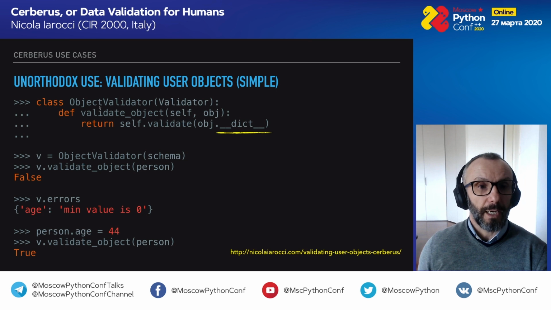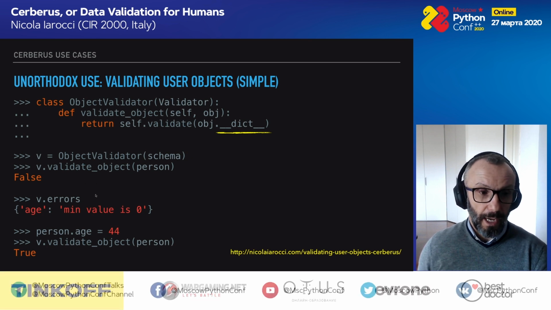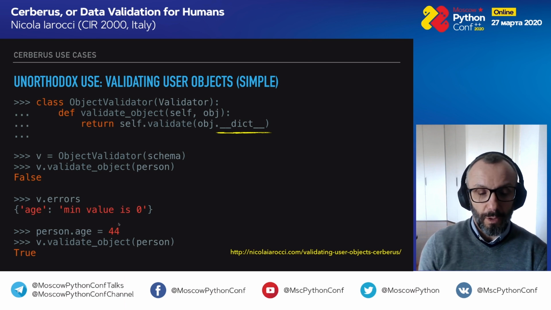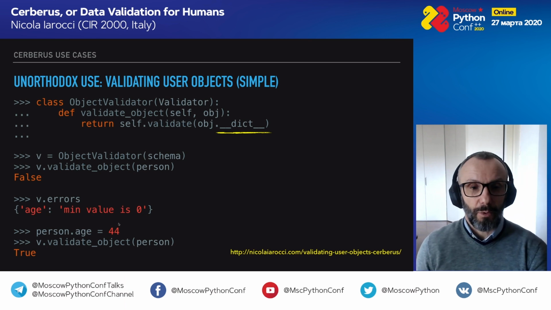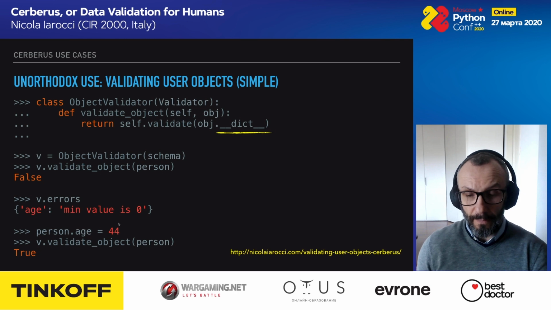So we are building an object validator with a schema, and then we pass a person instance to the validate object method, which we defined here in our subclass, and we can pass a person and know if the person is valid or not. So you don't only use Cerberus to validate dictionaries. You can extend your classes and your validator to validate so many things.